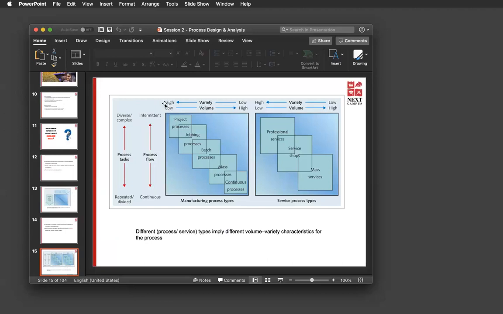So if the volume is low and the variety is high for a product, then generally you should be using a project process for your product and service. Now let's give an example of what this project process is. Let's say you decide that you want to wear a pair of spectacles because you have got some problems with your eyesight.